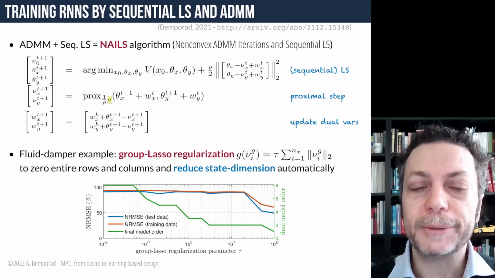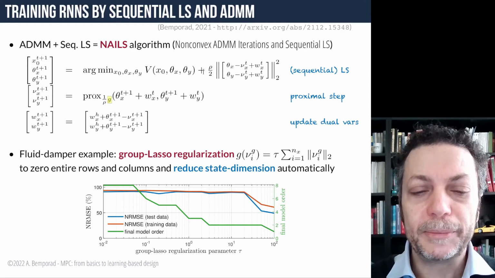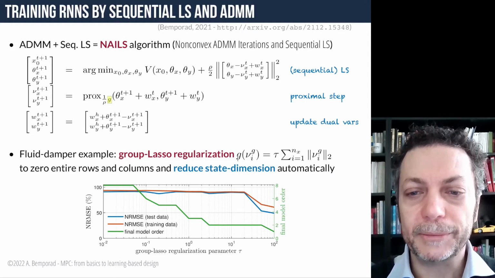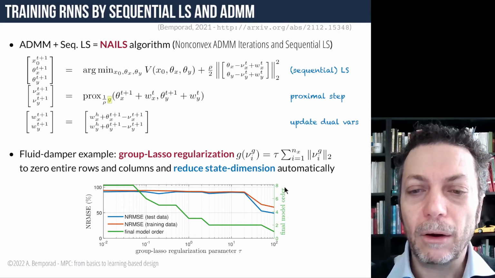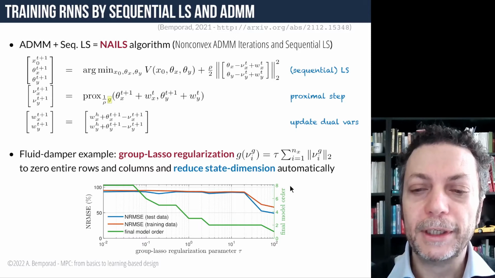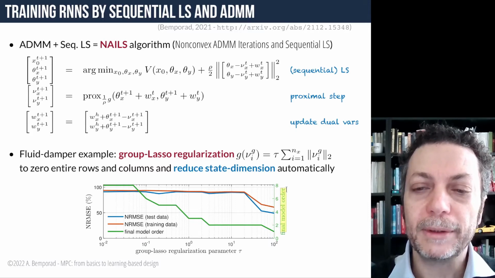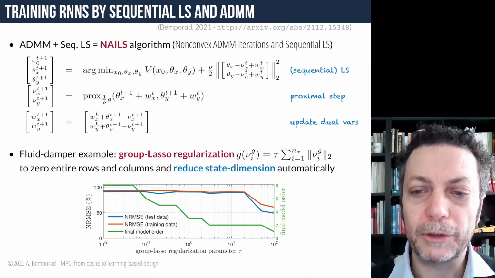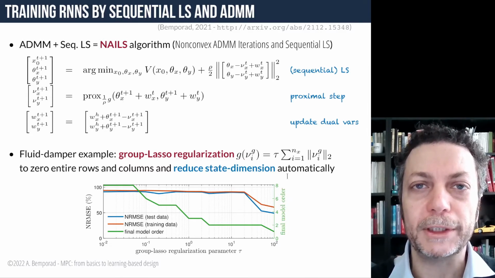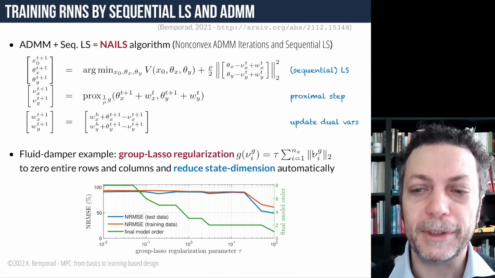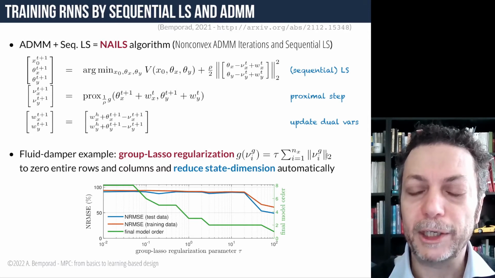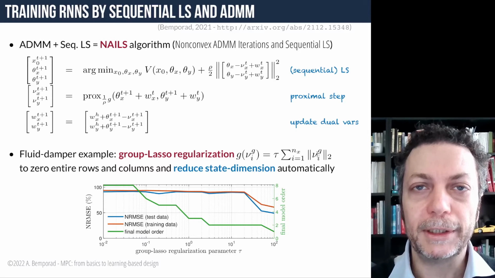Of course, the G function must have an easy to evaluate proximal operator so that this method becomes efficient. Here is an example where I have used as a G function a group lasso regularization on the coefficients so that I try to reduce the model order. We penalize the entries of the network coefficients so that, by group lasso, in each group there is a vector, a collection of variables that relate to a particular state.